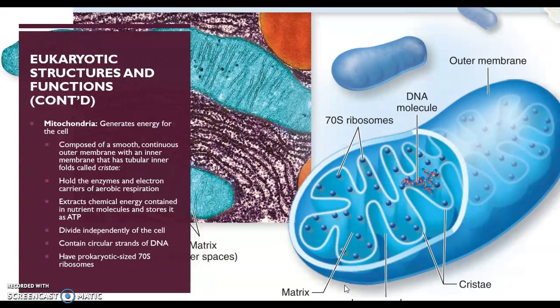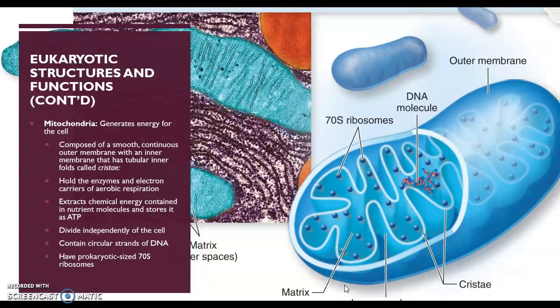Those folds are called the cristae, and this is where a lot of the chemical reactions for ATP synthesis occur. Mitochondria extract chemical energy, ATP, from glucose. Mitochondria are also unique in that they contain their own ribosomes.